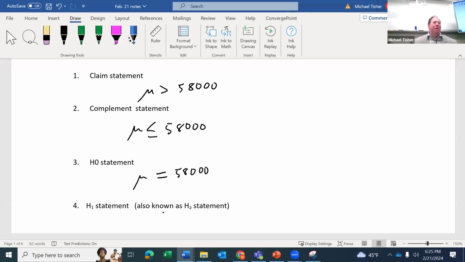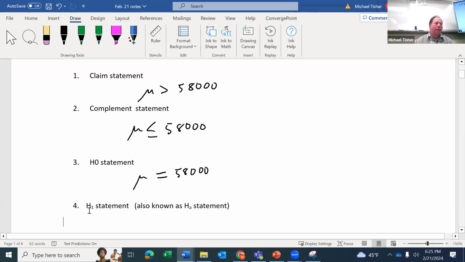This is really important stuff. This sets the stage for the rest of the term. Now the H1 is either the claim or the complement. So the H1 will either be mu greater than 58,000 or it'll be mu less than or equal to 58,000. We want to choose which one it is, okay?